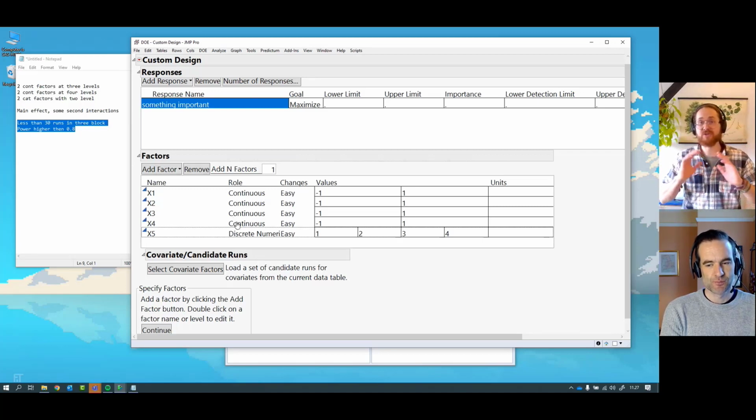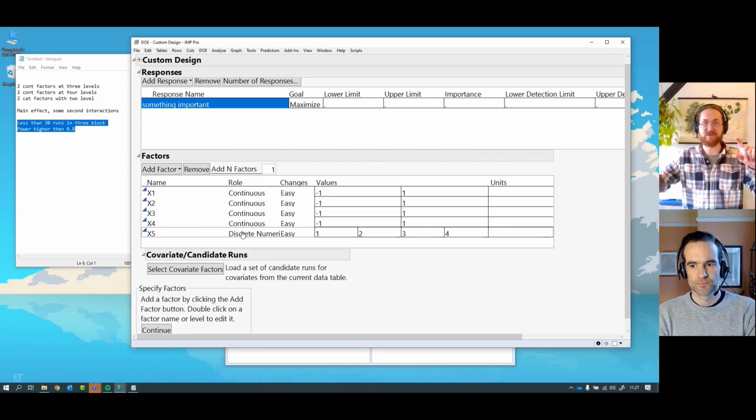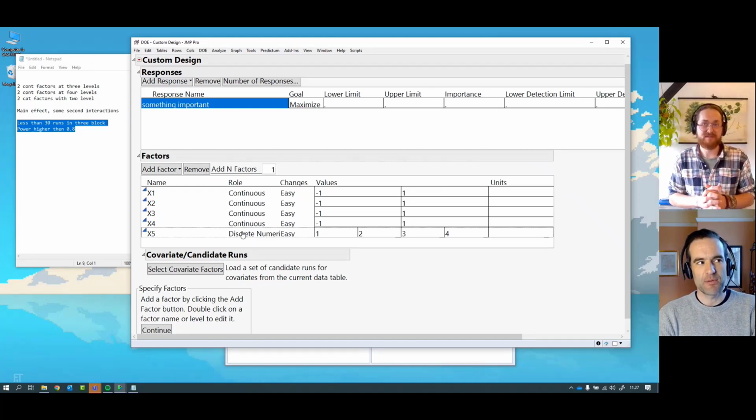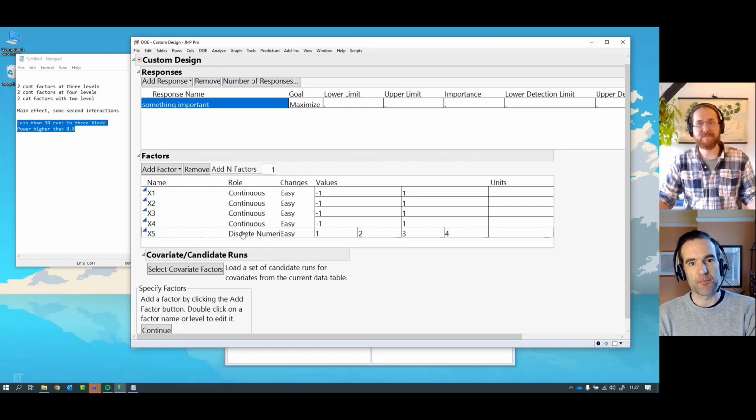If you are somehow constrained, let's say you have pH and you get them at 4 different levels of concentration, it's a continuous variable, but it's discrete numeric in the sense that you don't decide the levels of pH. Yeah, maybe you're buying in already made up buffer solutions with fixed pHs, and you can get one that's 7, one that's 7.5, one that's 8.2. That would be an example of something that's discrete numeric.